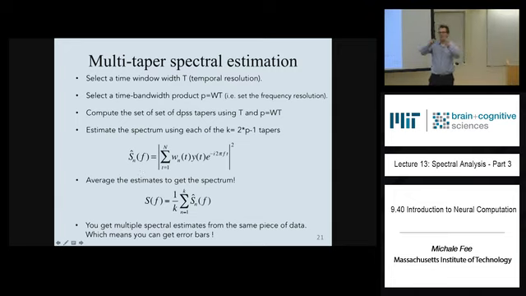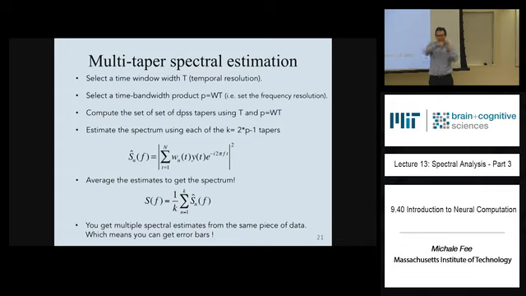Okay, so you've got a long piece of data. You're going to choose some time window, capital T. Okay, you're going to choose a bandwidth, W, or this time bandwidth product, P. Send T and P to this DPSS function.